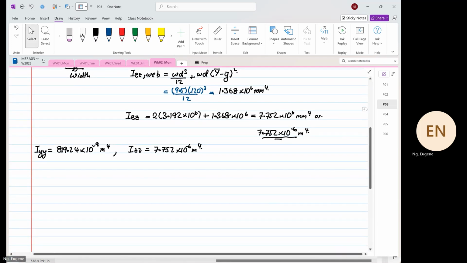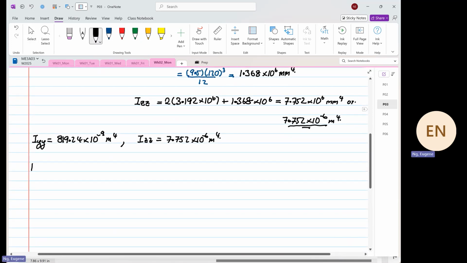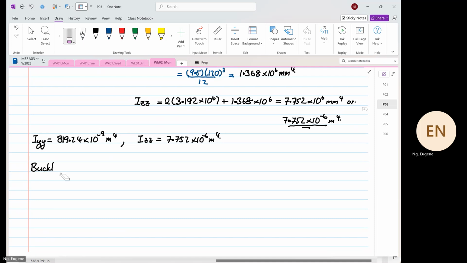Okay. So in this context, buckling will occur in the XZ plane, and this is because IYY is less than IZZ.